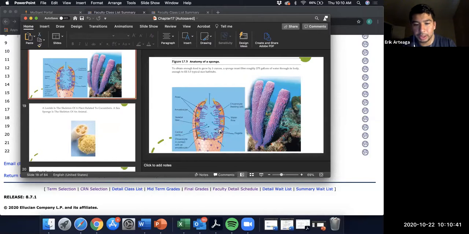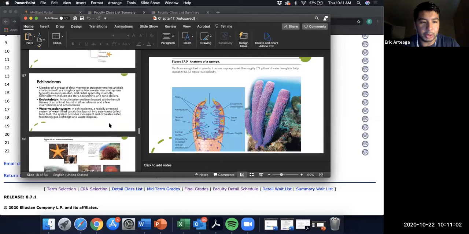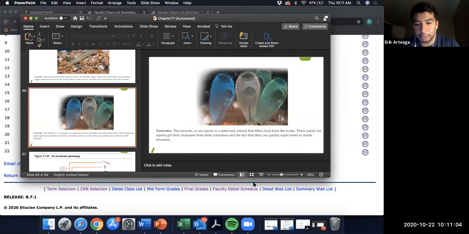So porifera is going to be a little less complex than what we're talking about now, okay? And porifera, again, are those filter feeders, the sponges. You see there are only a few different cell types here, whereas here, they're going to be a little more developed, okay?